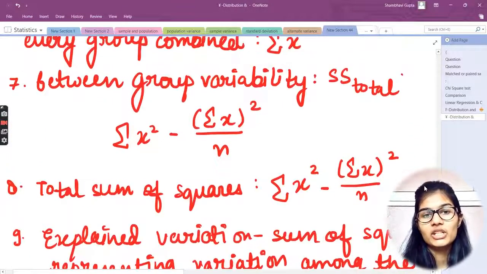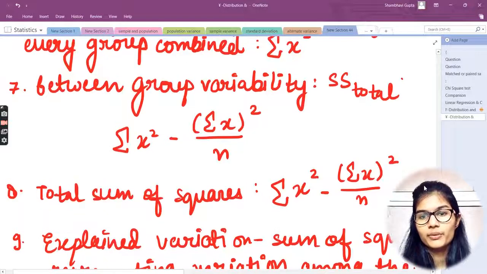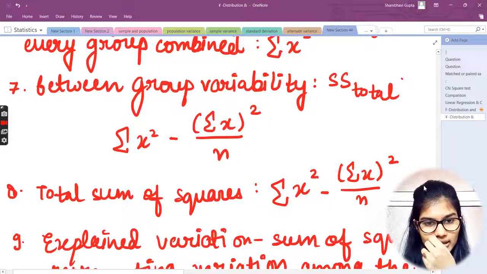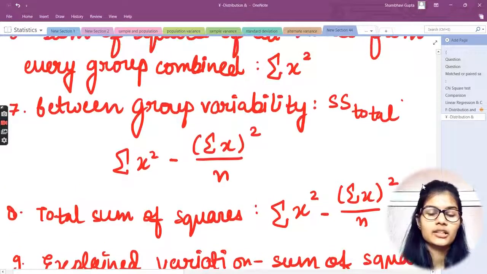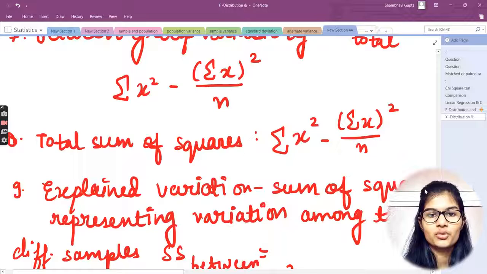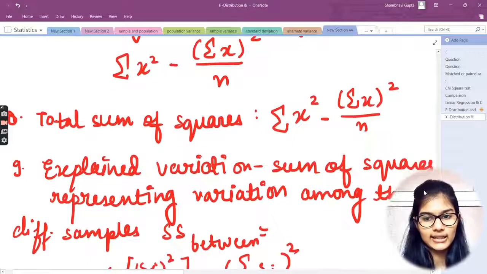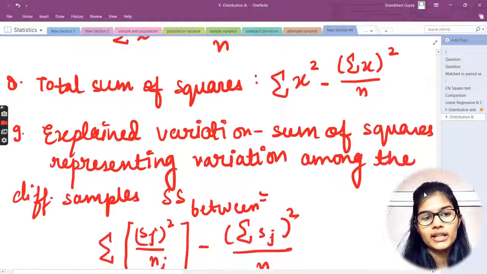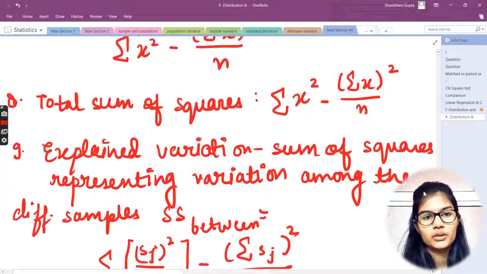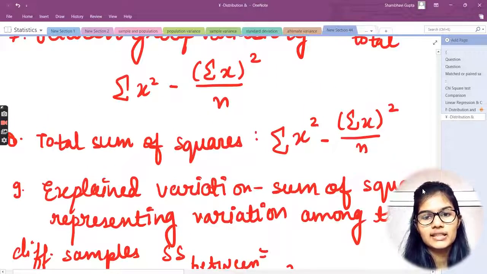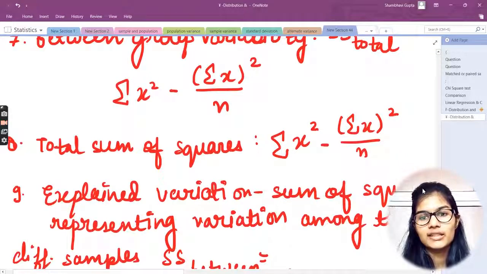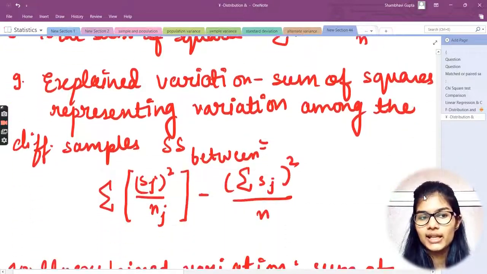Then we have the variability. The SS total formula is sigma x square minus, in the numerator, sigma x whole square, divided by n in the denominator. Total sum of squares is again the same: sigma x square minus sigma x whole square divided by n.